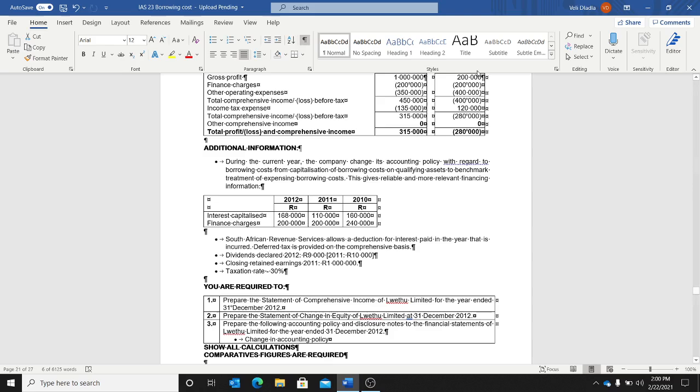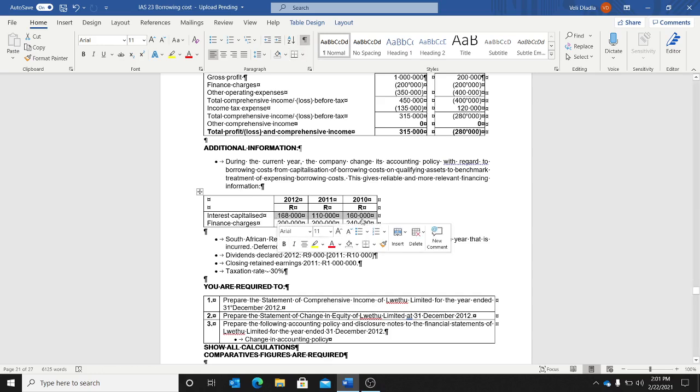Now, if I was capitalizing, these are the amounts that I've been transferring out of the income statement to the balance sheet. I've transferred those amounts. So currently in the income statement, I'm sitting with these amounts here. Right. So I must bring back the top ones here.